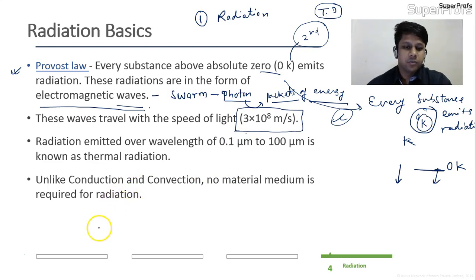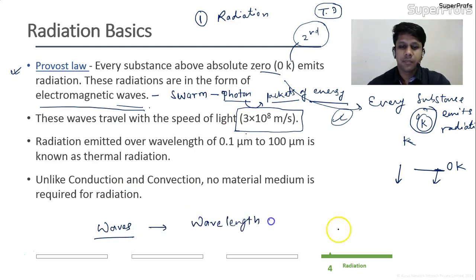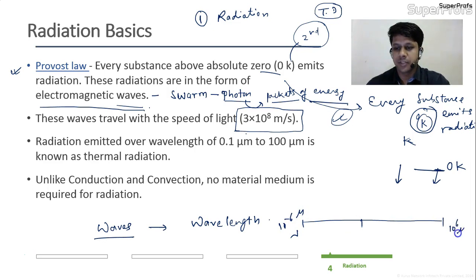Right. And we know these waves are categorized with respect to their wavelengths. So there is a large spectrum of waves, and let us say this is the wavelength of these waves. Let us say this is 10 power minus 6 micron. This side let us take 10 power 6 micron.